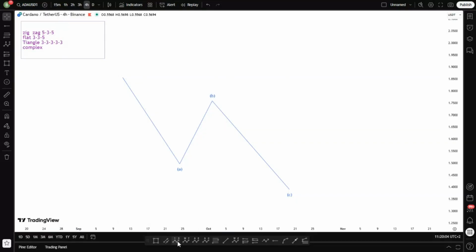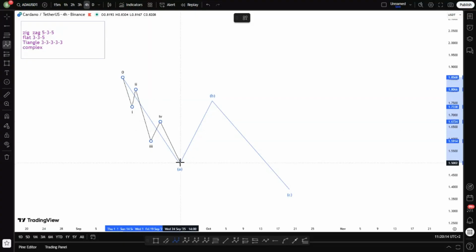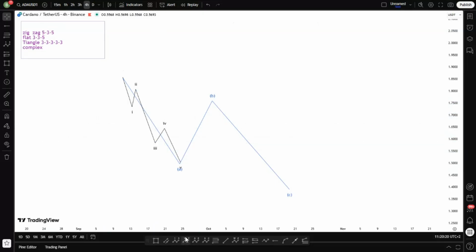Then we can assume that whatever is unfolding can be taken as an ABC zigzag. I mean to say, a 1, 2, 3, 4, 5 five-wave pattern, and then we see ABC.